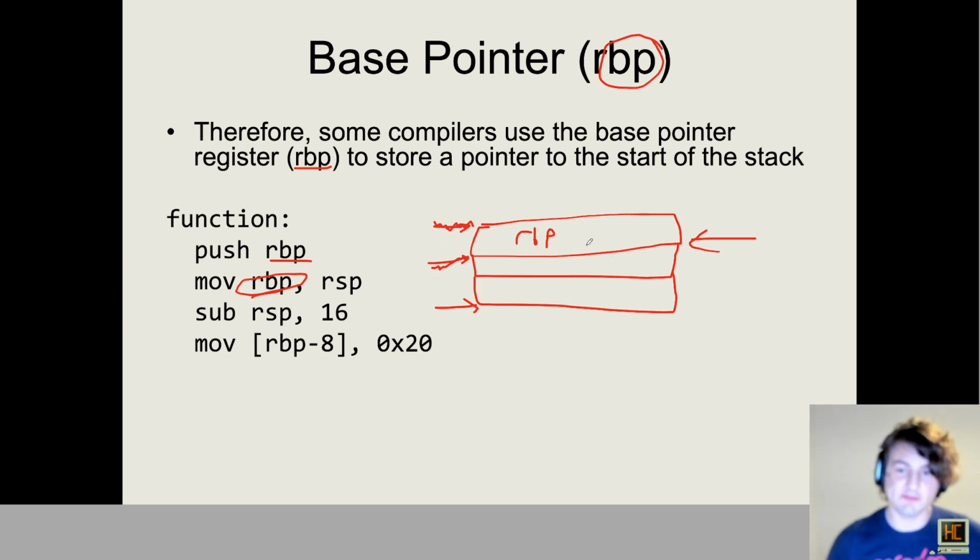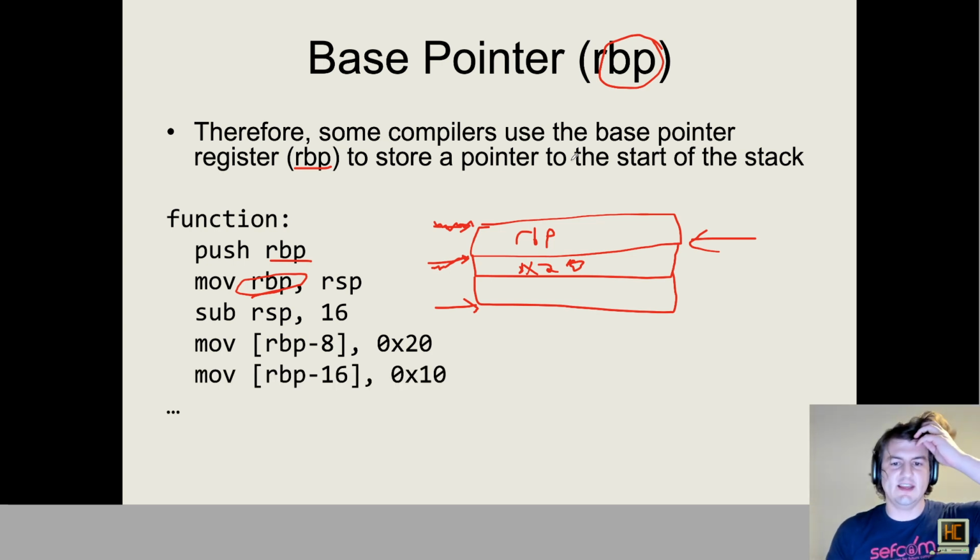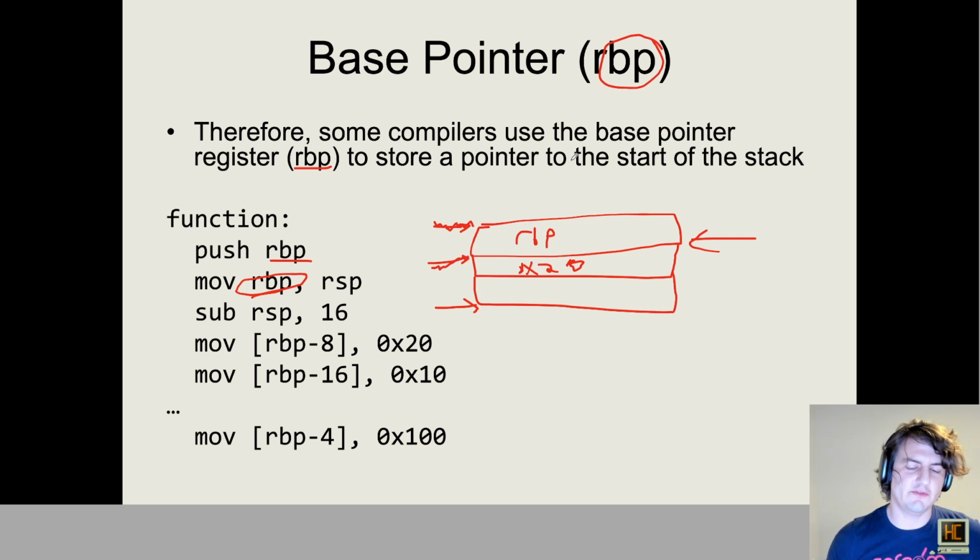It's the exact same layout, we're just using a different base, so this would be 0x20. Anyways, we move that into RBP minus 8, 0x10 into RBP minus 16, and so on and so forth.